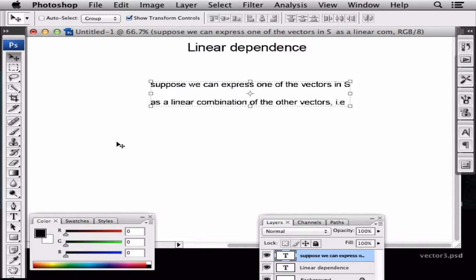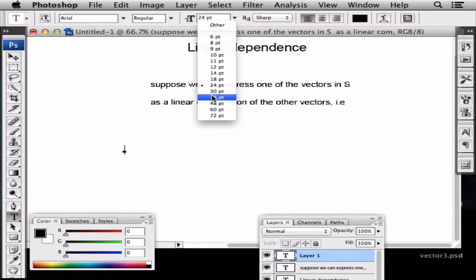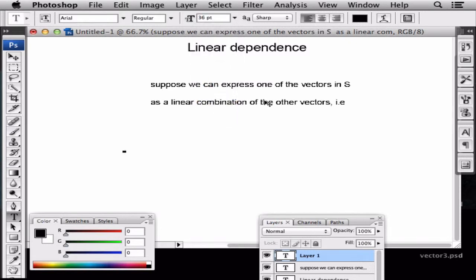I'm going to try to write the notation for that. Say it's vector 1 in this set, and of course it might be a big set, so I use this n notation again.